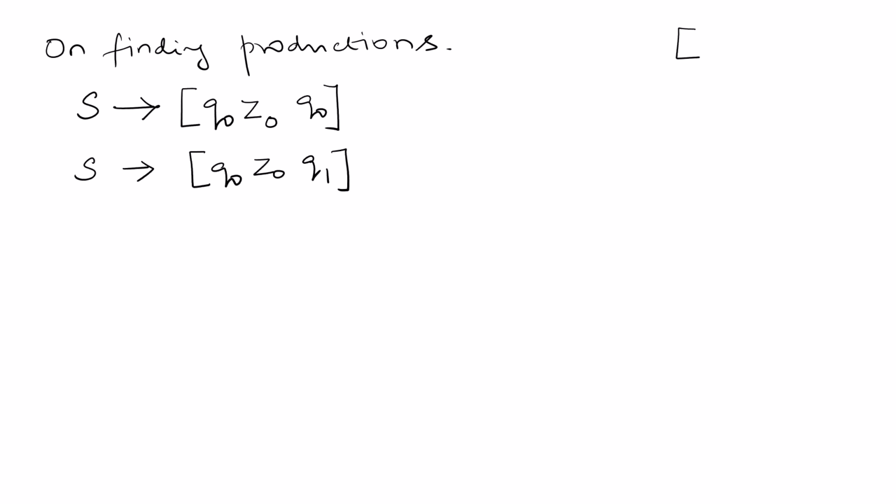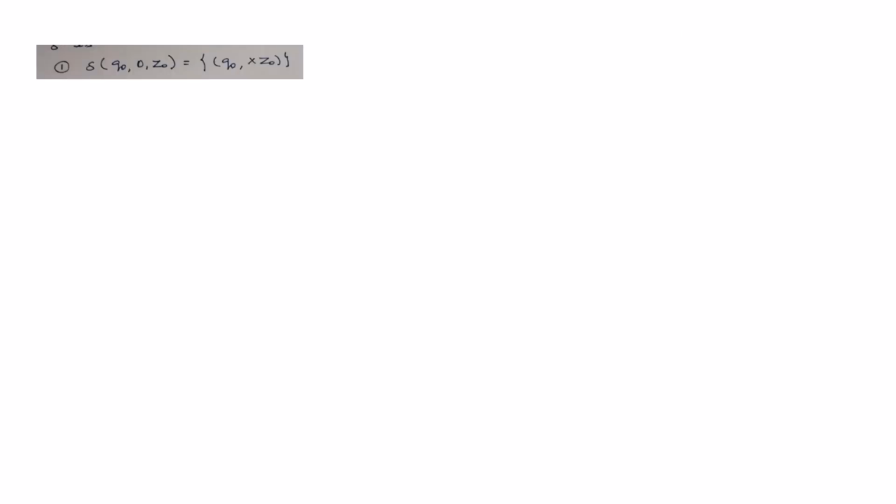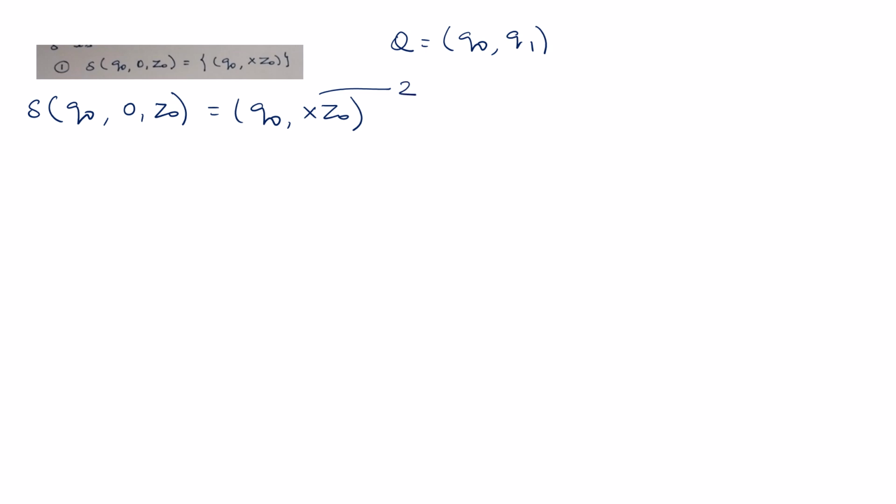The next possibility is this. In the given PDA we have two states, Q0 and Q1. The transition given is Q0, 0, Z0, which gives Q0 and XZ0. The number of stack symbols here is 2, and the number of states here is 2.